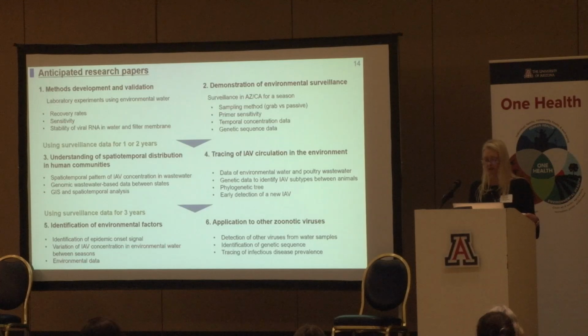And so what we hope to achieve out of this is, these are just a list of some of the anticipated research papers. Some of them are focused on methods development and improvement.